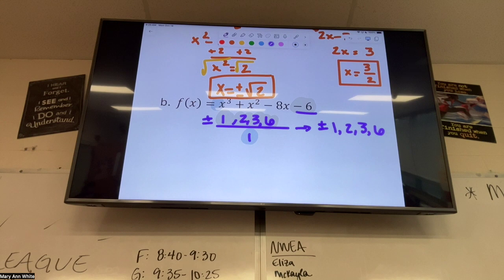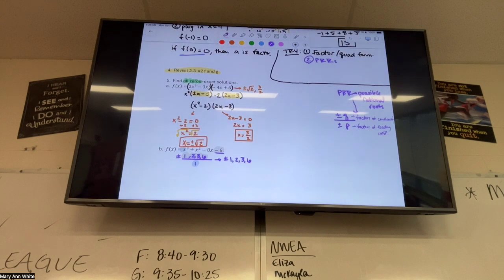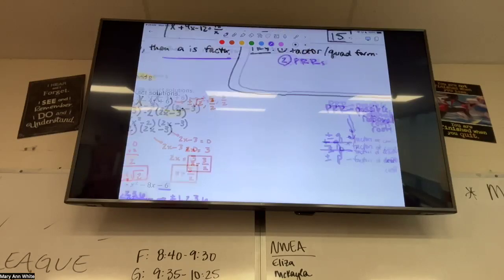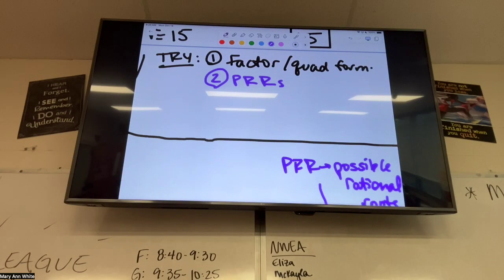And once I get my possible rational roots, in order to decide what works, you either can plug in or you can do synthetic division to figure out which ones are actually factors, which ones will have a remainder of 0. Okay, so with our PRRs, I'll say step 3, but it kind of goes with our PRR.